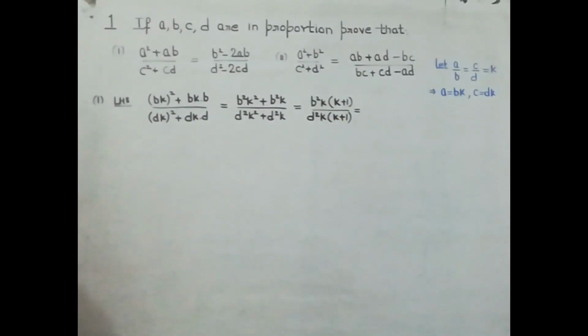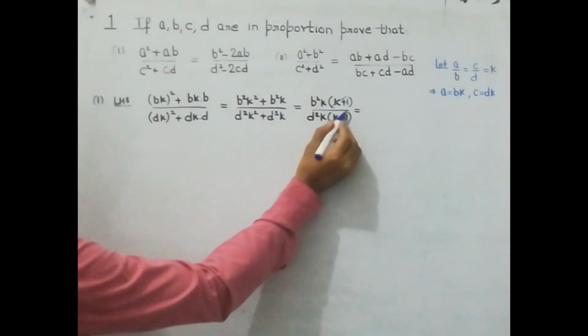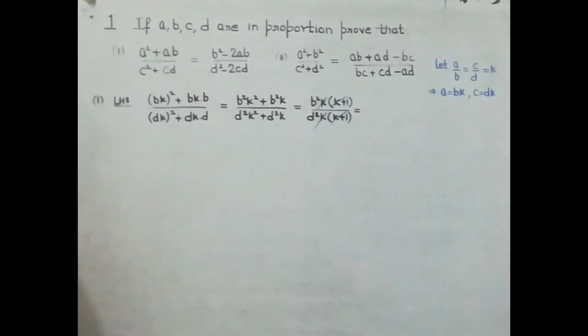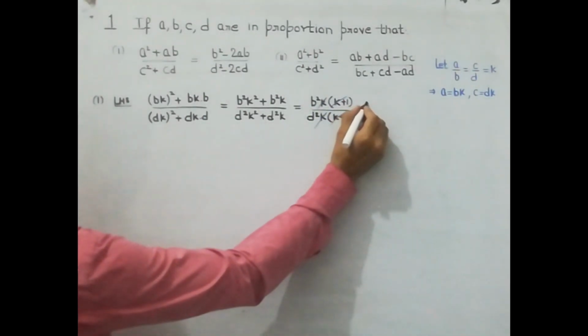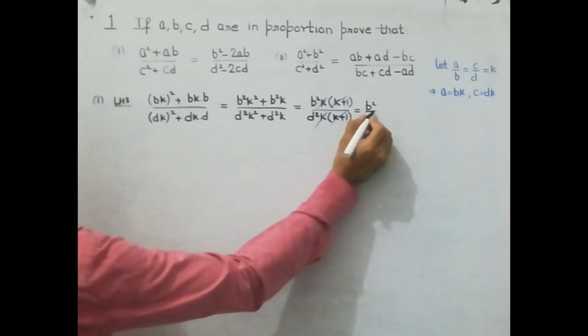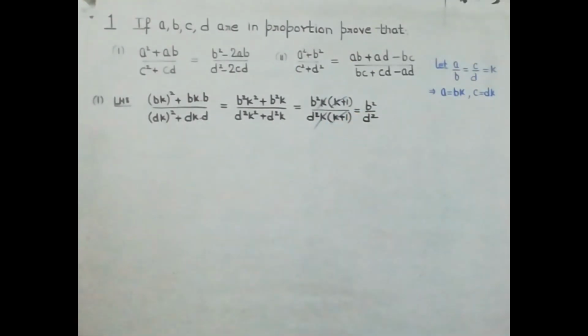Now when we reduce this, the result for the left side is B square upon D square. So this point is clear to you. We have got the result for the left side.